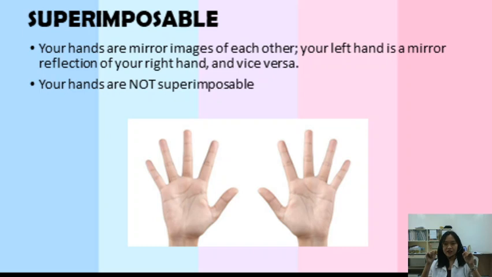But your left and right hand are not superimposable. Bakit? When you place them on top of each other, they do not coincide. Okay, nakuha. So, when you say superimposable, these are objects or substances that when their mirror images are placed on top of each other, it will coincide perfectly.